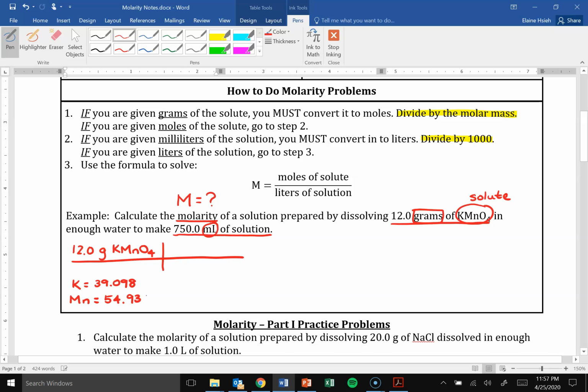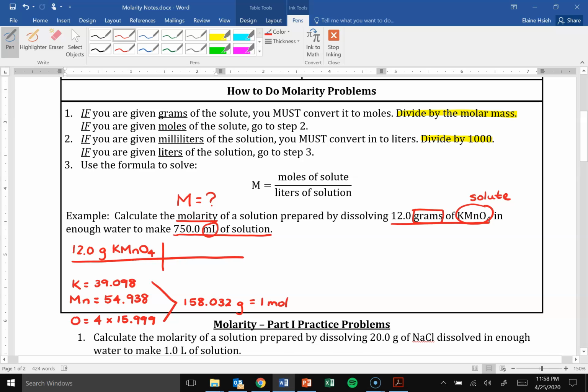Do not confuse Mn with Mg. I find that a lot of students tend to do that. And then there are 4 O's. And O has a mass of 15.999. And when you add all those up, you get 158.032. So this means there's 158.032 grams in 1 mole.